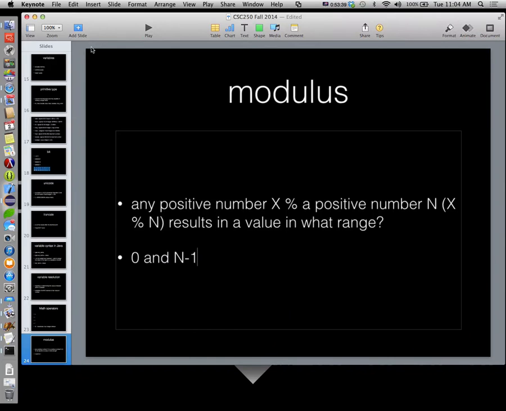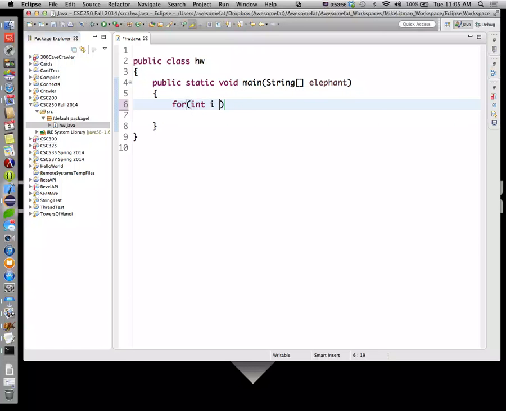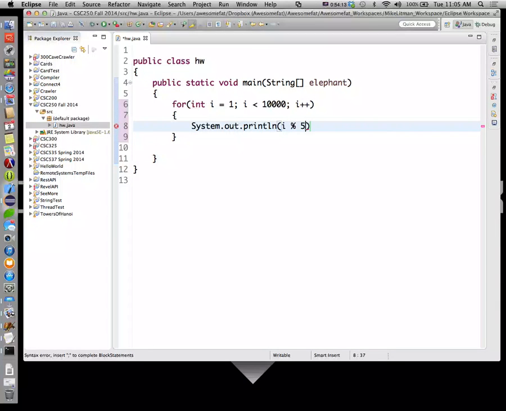All right. And hey, I'll just show this to you in action. We'll do another loop because we've seen them before, but I haven't taught you loops yet. We'll see them shortly, probably next class, I'm guessing. So we're going to start off at int is equal to 1, then we'll go to 10,000. And we'll just keep dividing by 5 and printing out the remainder over and over again.